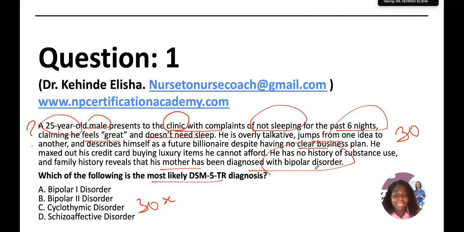You don't even have any plan, and there is nothing to say this person can really achieve it because of X, Y, and Z. Now, he has no history of substance use, and family history reveals that his mother has been diagnosed with bipolar disorder. That's a major family history.